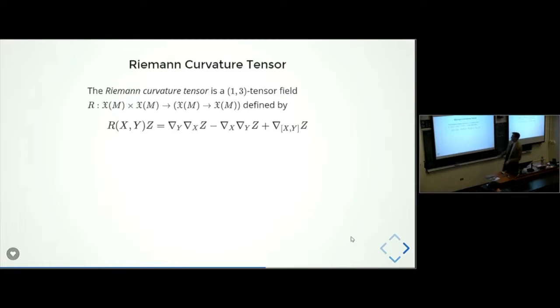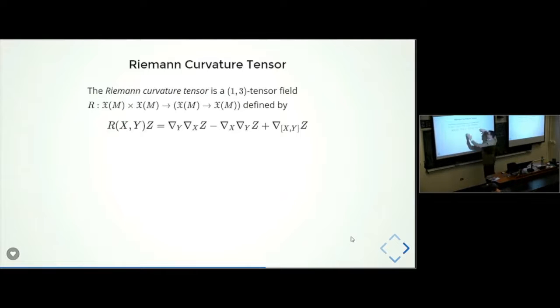And then you can define this thing called the Riemann curvature tensor, which, if you like, is like a 1-3 tensor field, so you eat a pair of vector fields, and you spit out a linear map from vector fields to vector fields. And what does it do? If I eat x and y, that gives me this linear map, so-called R of xy. So if you eat z, what do you spit out?